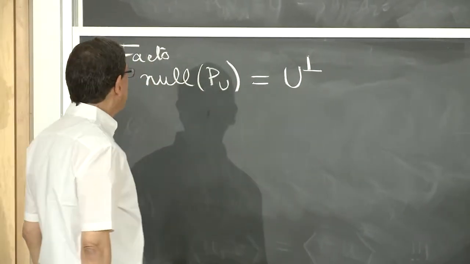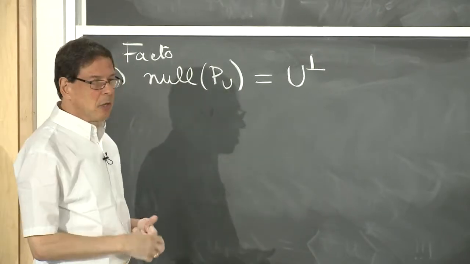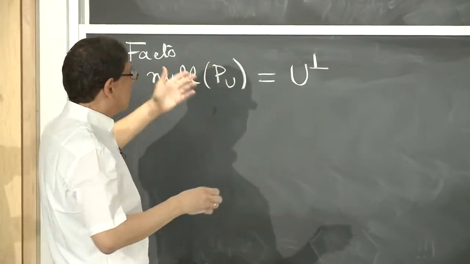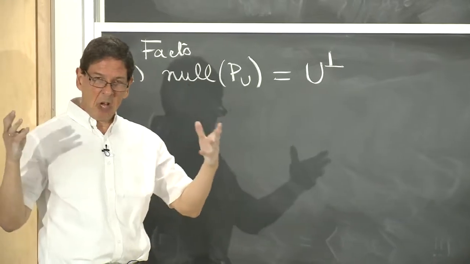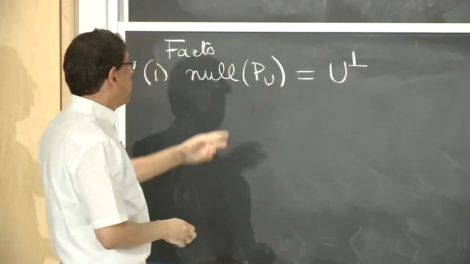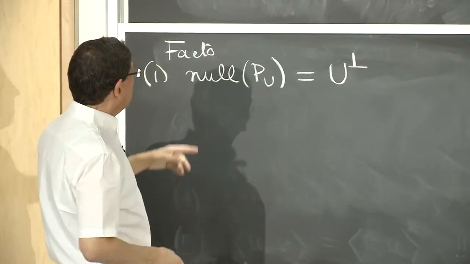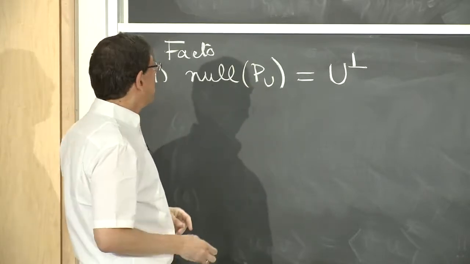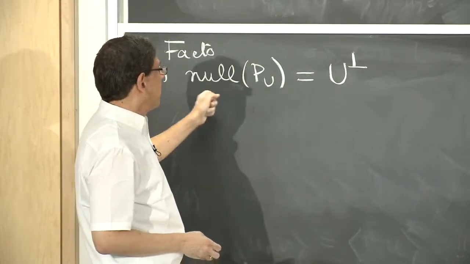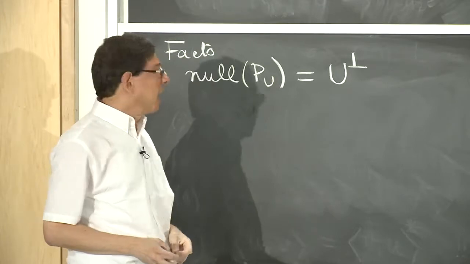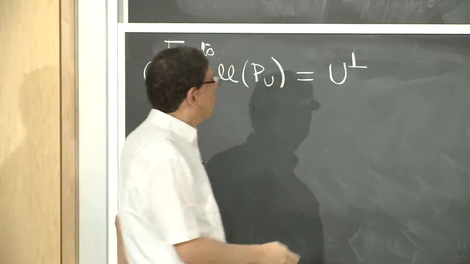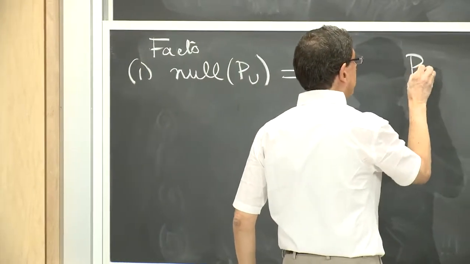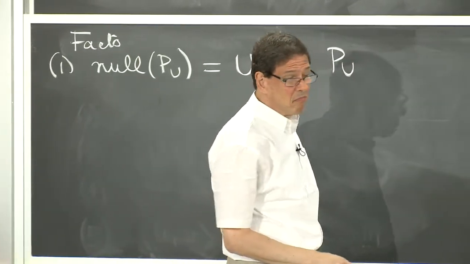All of the vectors in U perp get killed. So since the null space is not empty, unless U is the whole vector space, this operator is not injective. Injective was when the null space was 0. And it's not invertible.